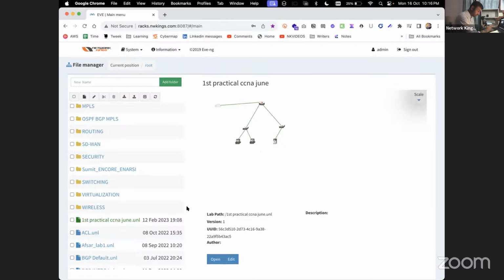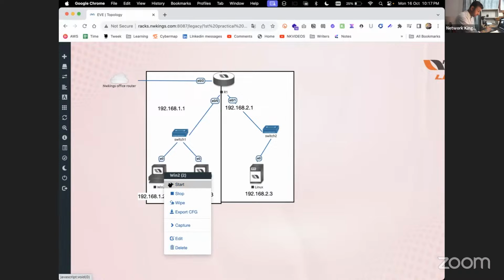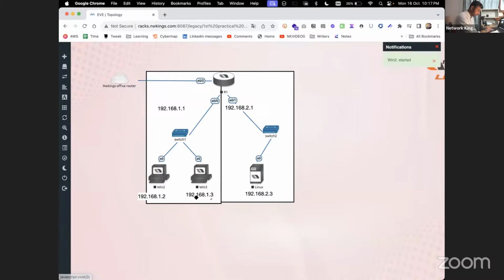You can see this lab already has two computers. So this is Windows machine 2, this is Windows machine 3, and this is connected to a normal switch. Okay, so now I'm going to turn on, right click, start, and right click, start.